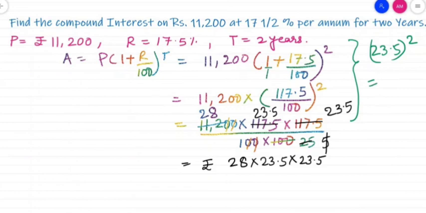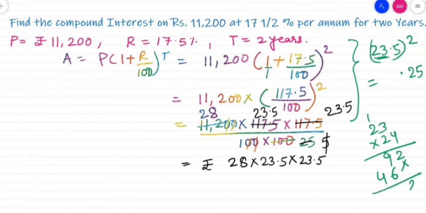So here you can do like this: 0.5 squared gives 0.25, and now you just calculate 23 into 24, which is 552. So you are left with 552.25.